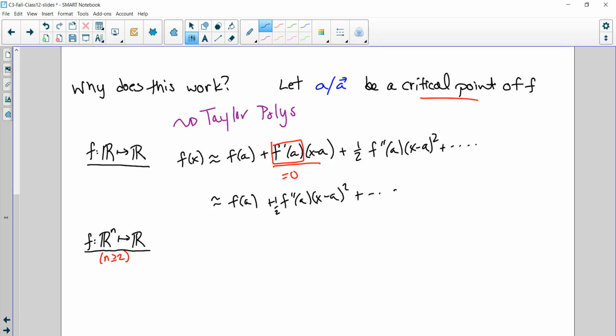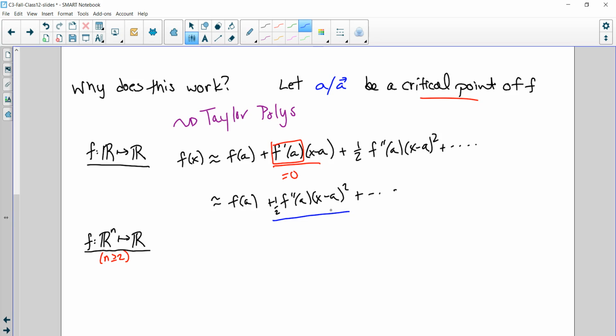Really what we're going to see long run is that the behavior is going to depend on this. We get some higher degree terms naturally, but those higher order terms are going to be dominated by this quadratic term when we get close to a.